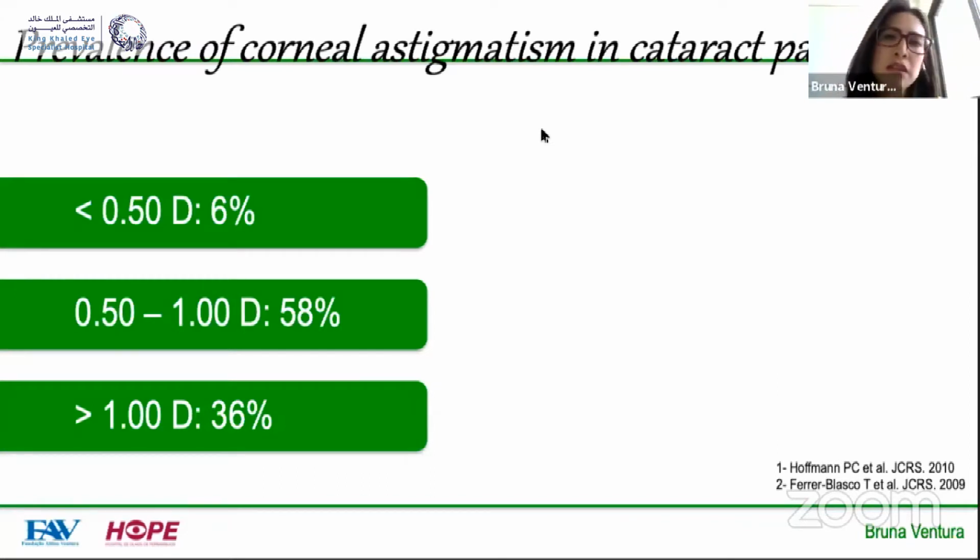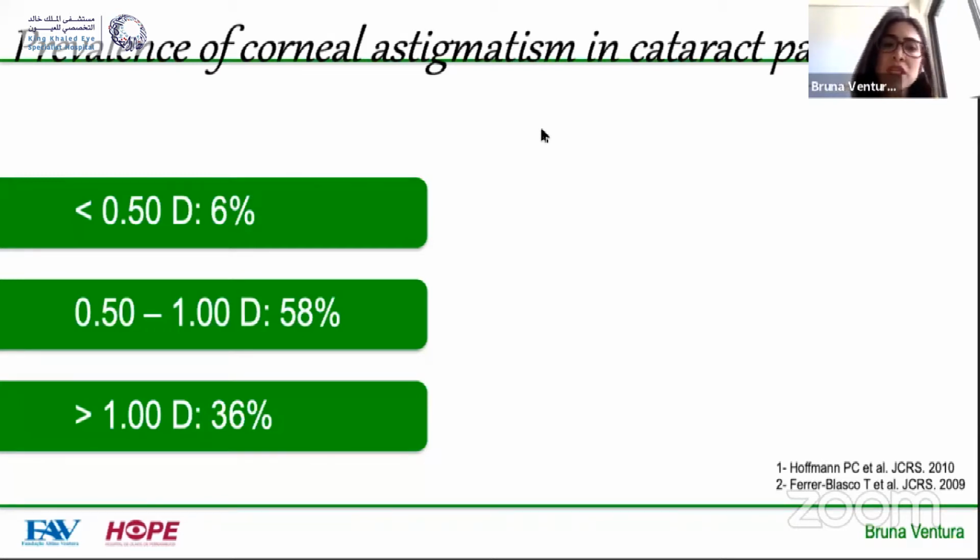And on the same line, when we don't implant a toric IOL, but do a relaxing incision or target our astigmatism in any way that we want to minimize it. So when we look at our cataract patients, we see that about 6% or so, less than 10% of the patients have less than 0.5 diopters of corneal astigmatism, which in most parameters would be acceptable for patients to be left with less than 0.4 or 0.5 of astigmatism after surgery.